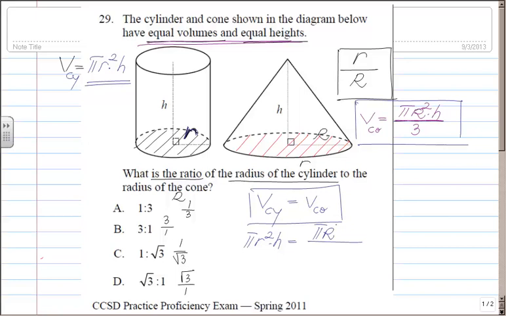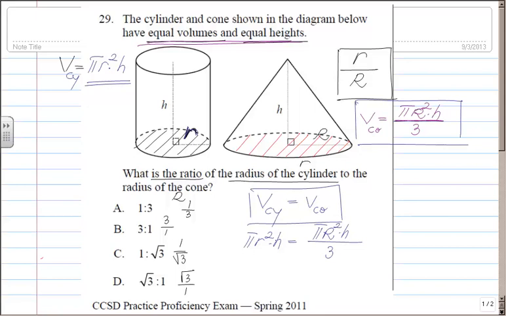Pi capital R squared times the same height, because we said they have the same height, divided by 3. Okay? Well, we have an equation in lowercase r and capital R, and we have to solve to find what is the ratio of lowercase r to the capital R.